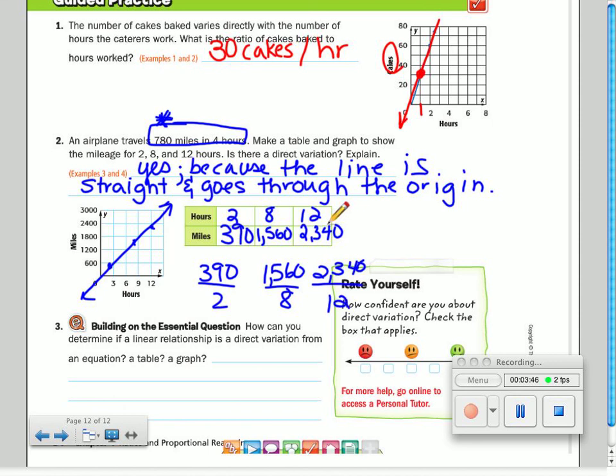What could 390 be reduced by? 195. 195 over 1. This one here can reduce to 195 over 1. And this one here can be reduced to 195 over 1. So therefore you could say all the ratios can be reduced to the same one, or there's a constant ratio. All right, so that's another explanation.